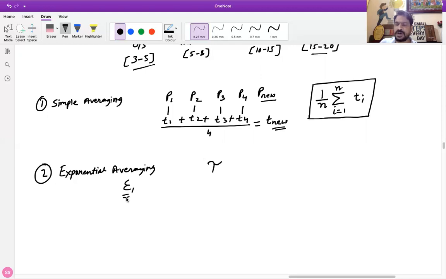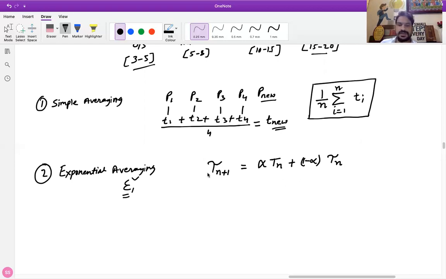It is the expected time, or we can pronounce it as expected time, of, let's say, the new process n plus 1, which can be calculated as alpha into the actual burst time of the previous process, which is n, plus 1 minus alpha into the predicted time of the previous process. So this is how the formula looks.